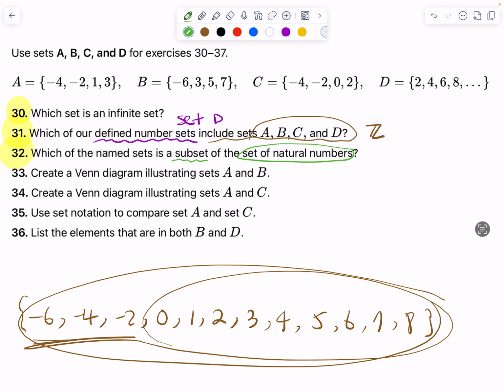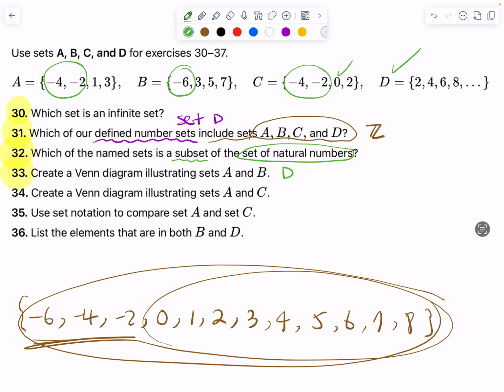Isn't this set D? Why? Because sets A, B, and C have some negative numbers inside, which are not natural numbers. 0 is also not a natural number, so D is the only pick we have.